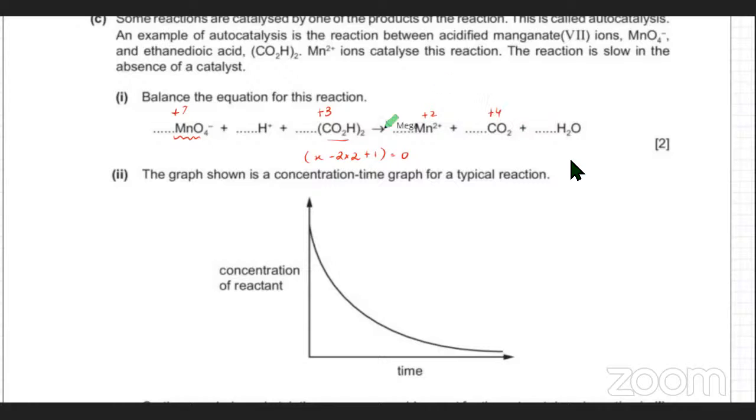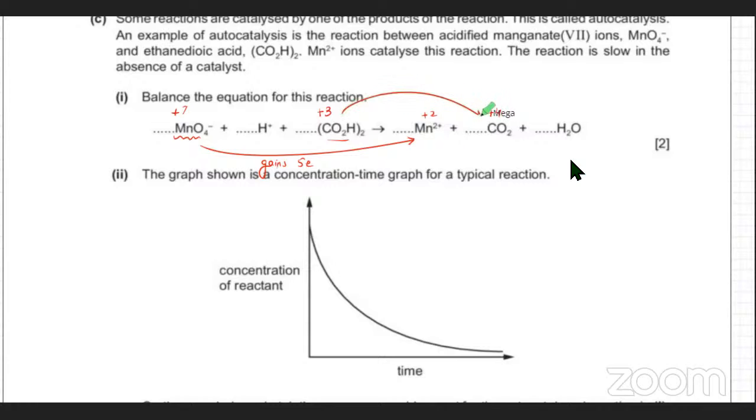So we found the oxidation states of the elements, and we found out that Mn is the one that's getting reduced. So it's gaining 5 electrons, from +7 to +2. And carbon is the one that's getting oxidized.